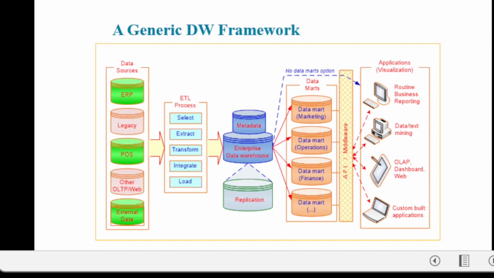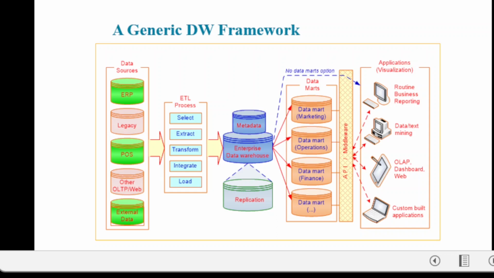Organizations can also have data marts to support more efficient analysis of smaller data sizes: a data mart for marketing, just to do marketing analysis, a data mart for operations, a data mart for finance, and so on.